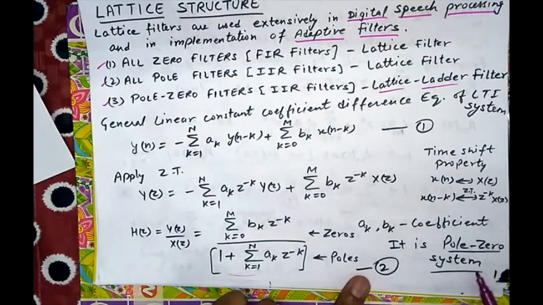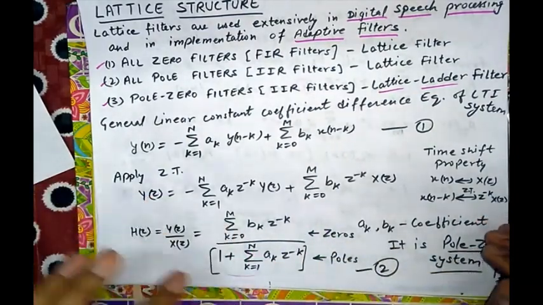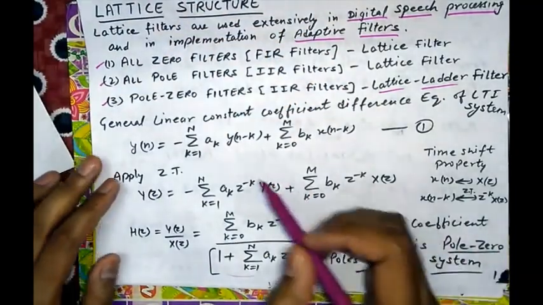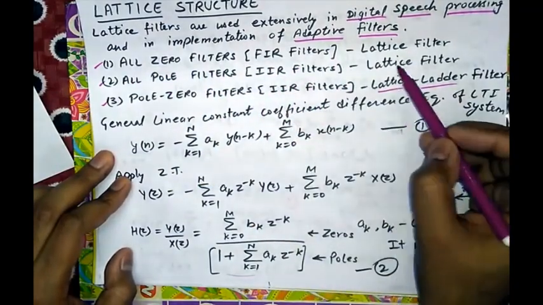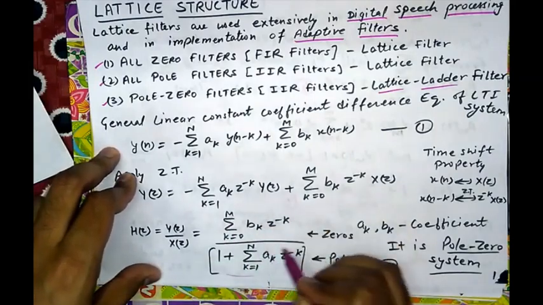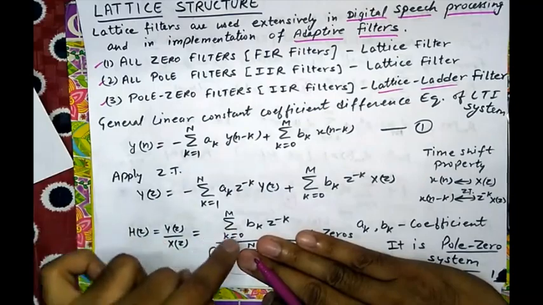So it is a complete pole zero system, also known as IIR filter, infinite impulse response filter. Our present aim is to study the all zero filter, that is the FIR filter, lattice structure for all zero. So we will assume that we have only zeros, there are no poles, then the expression will become like this.